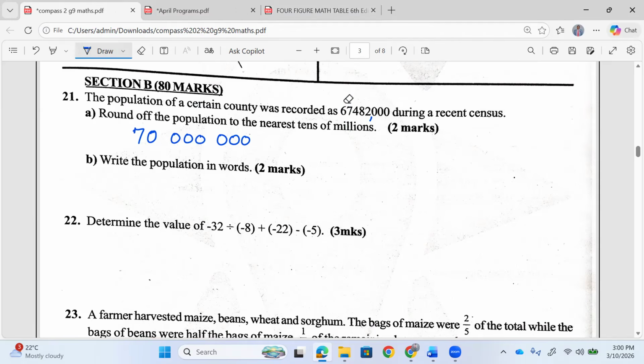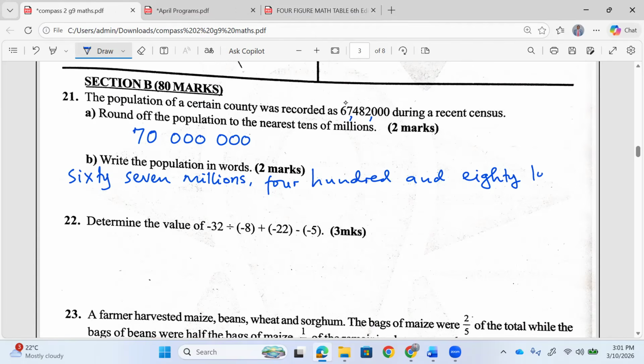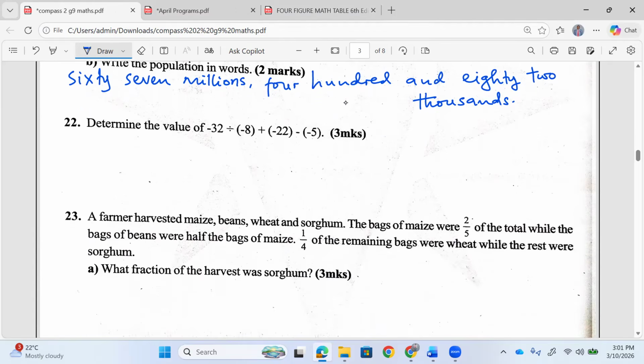So this is going to be 67 million, 482,000.